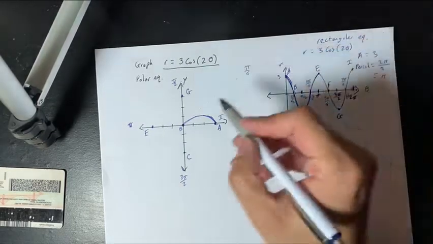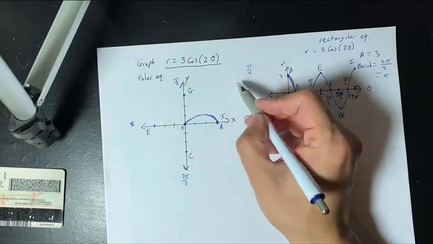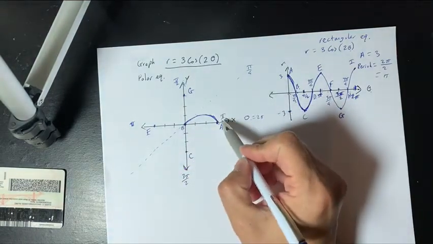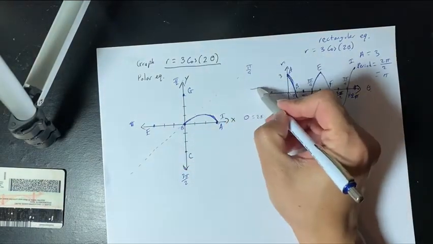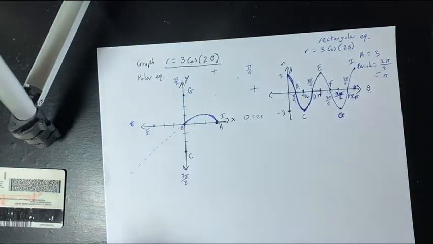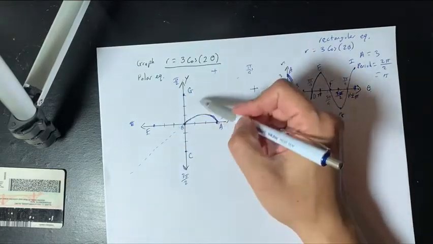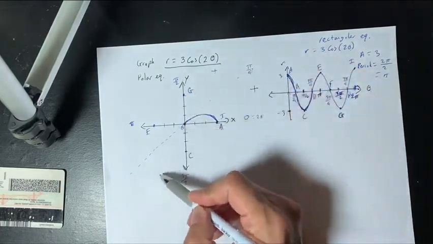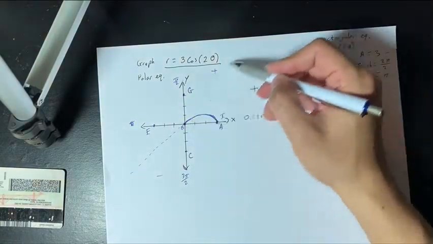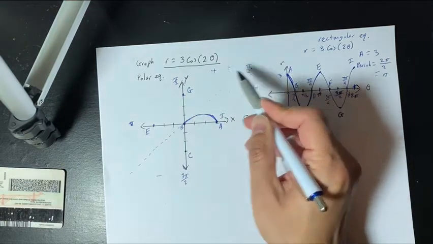So at pi over 4, you are at 0. So from 0 to pi over 4, this is the positive. From pi over 4 to pi half, that's the positive. But from pi over 4 to pi half, if that direction is positive, the negative direction is down here. Right? Positive r, negative r for any angle between pi over 4 to pi half.